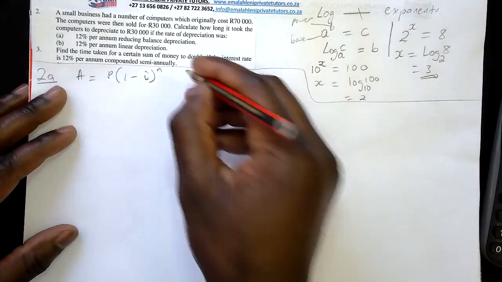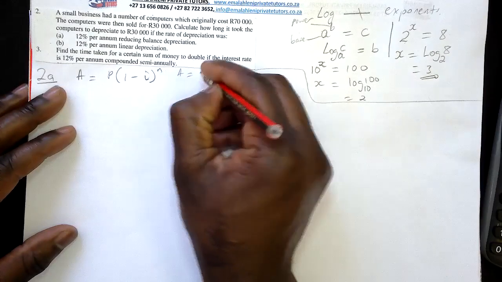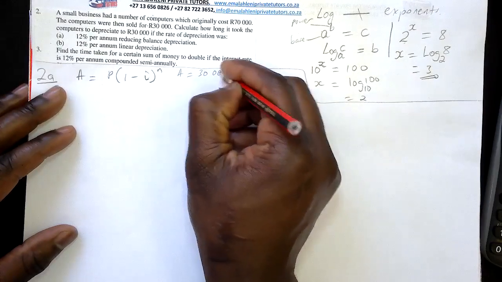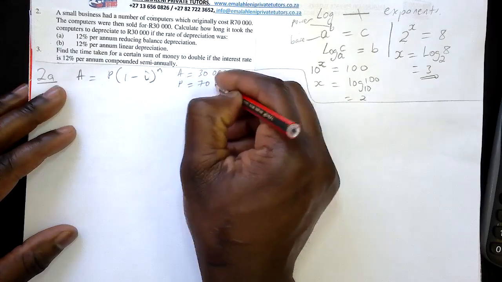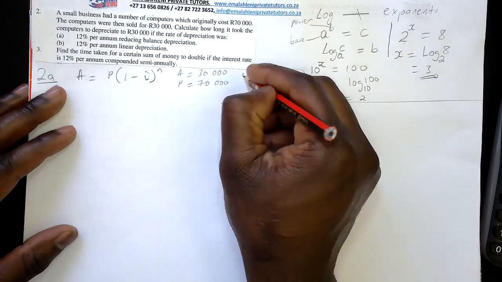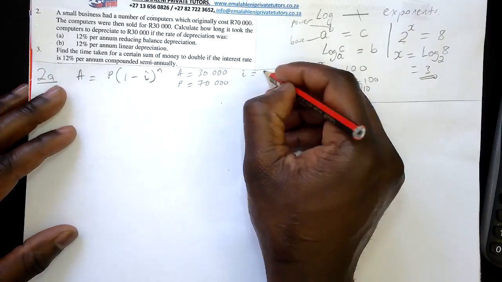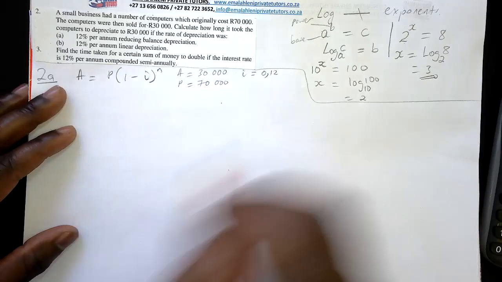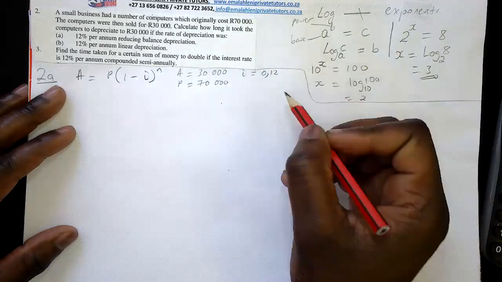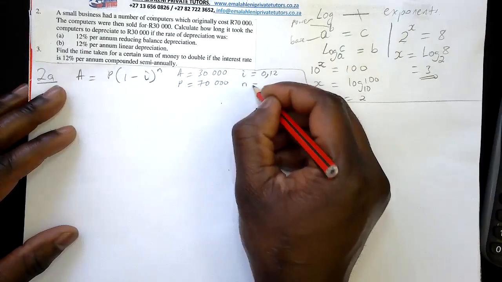So what are we given? We are given A. A is 30,000. Then our P is 70,000. Then our i is 12% per annum, which is 12 over 100, 0.12. We are looking for n.